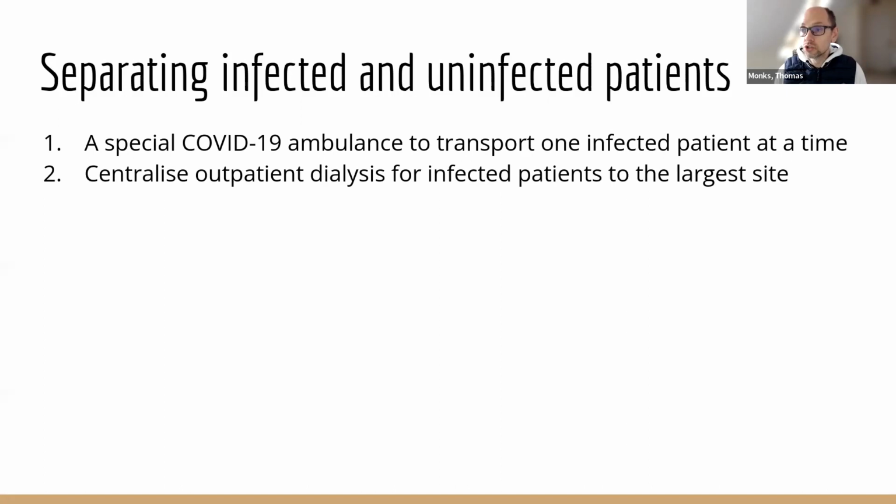Another option was to centralise outpatient dialysis for infected patients at the largest site, which is Portsmouth. That's the biggest site in Wessex. So infected patients would all go to that one centre, and that would potentially displace them, and it would also displace patients who were already using Portsmouth because it would start to use up the capacity at that location.